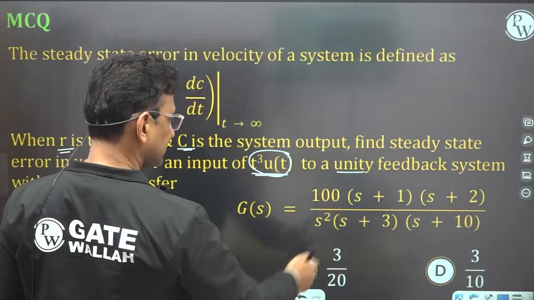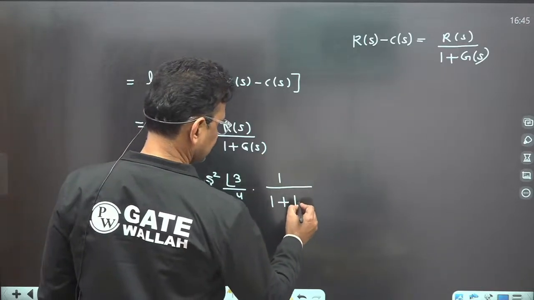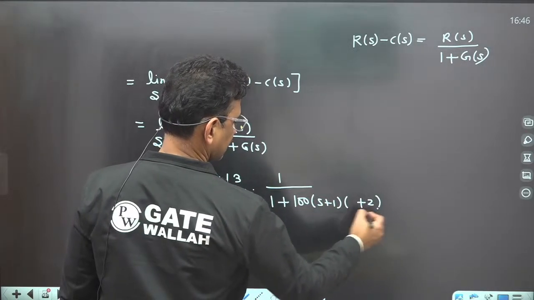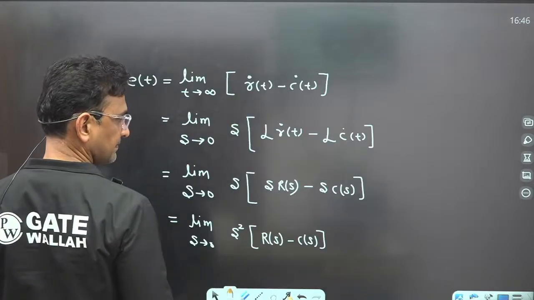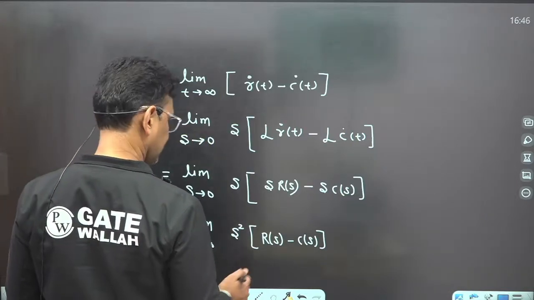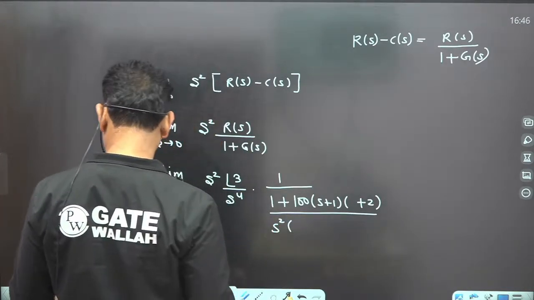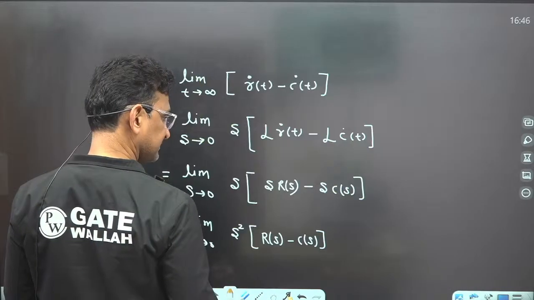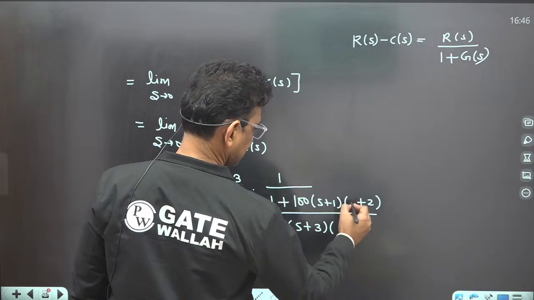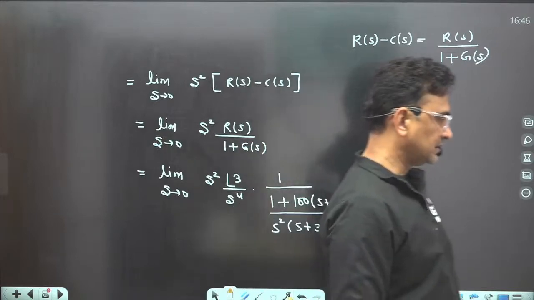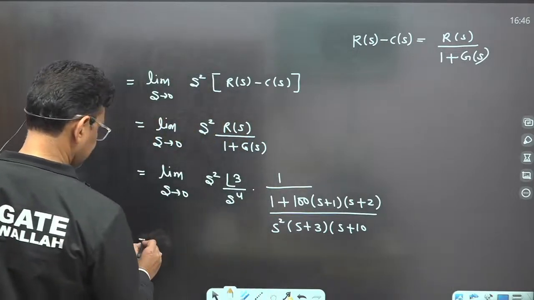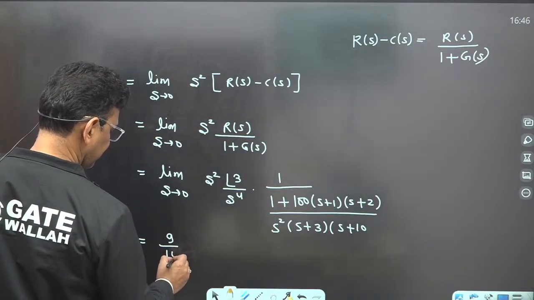Gs is 100 upon S plus 1, S plus 2, S square, S plus 3, S plus 10. Now solve this. Whenever you solve, you will get 9 upon 10. Confirm whether you are getting the same answer.